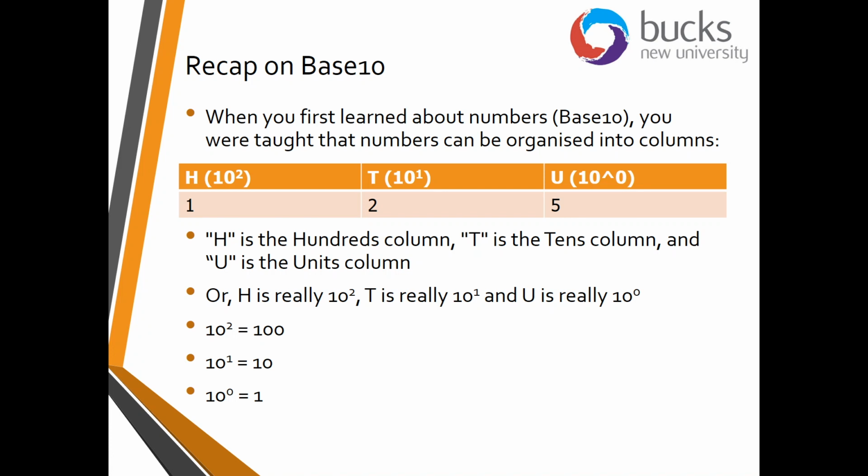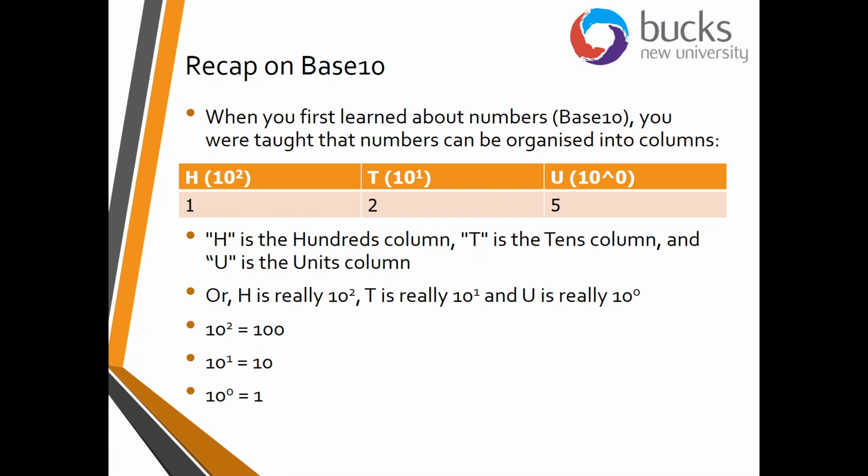So when we get to 10, a 1 moves into the tens column and a 0 goes in the units column. And as the tens column increases, when it gets to 9, it moves across to the hundreds column, one place to the left, and that then increases by digits as we move up through the hundreds.